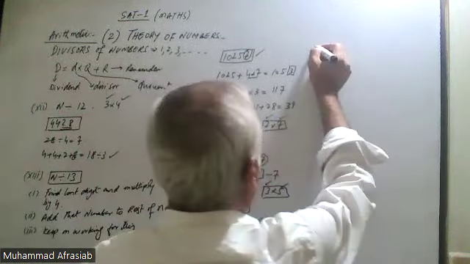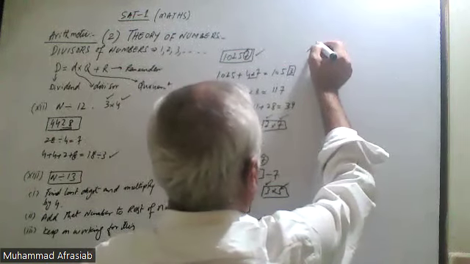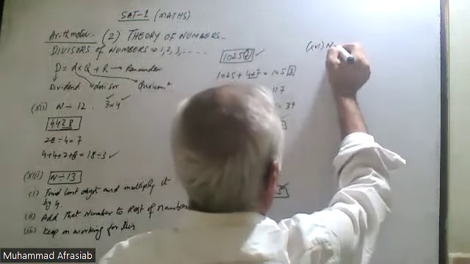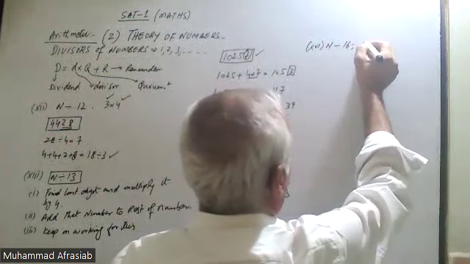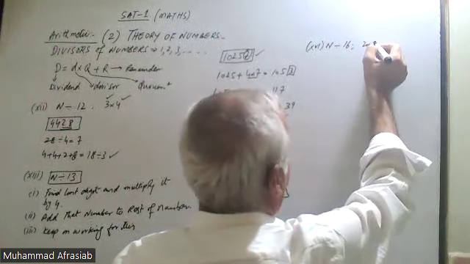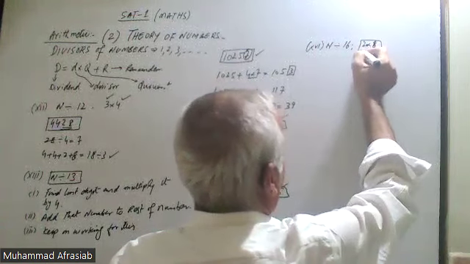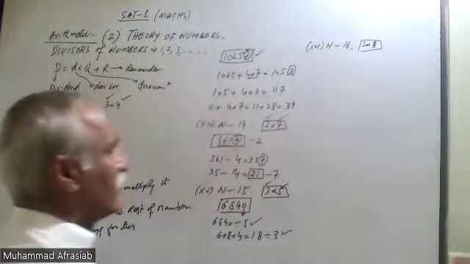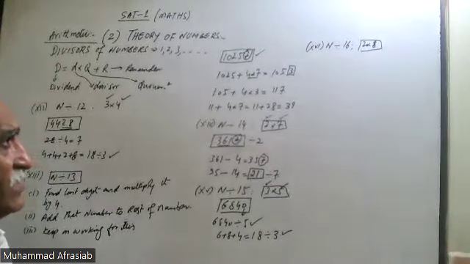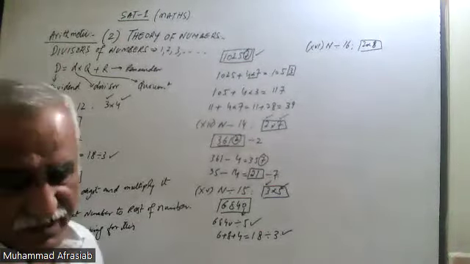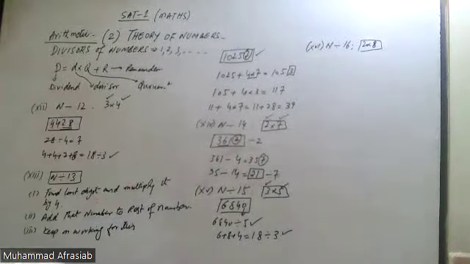Then number divisible by 16. Since 16 is a multiple of 2 and 8, the rule of 2 and 8 is valid for when the number is divisible by 16. And we can take an example of this number.